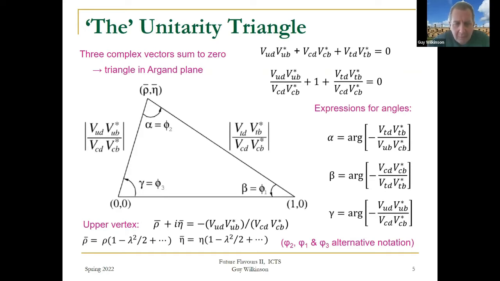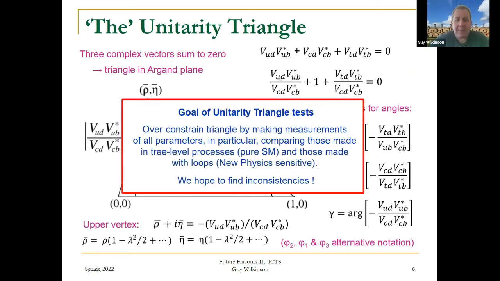These angles are familiar, denoted alpha, beta, and gamma, or in Belle II notation, phi 2, phi 1, and phi 3. So the goal of unitarity triangle tests in flavor physics is to over-constrain this triangle by making measurements of all parameters.